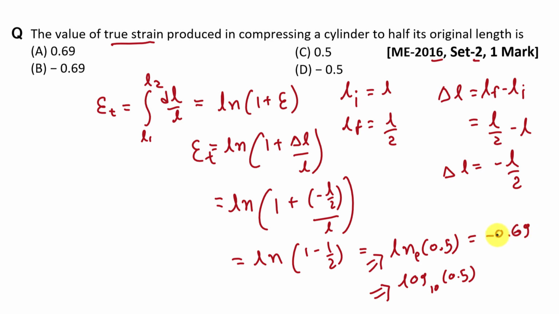So here our answer is option B, minus 0.69. And also understand one thing: if the question gives the magnitude of true strain, then we have to write 0.69 as positive. Fine. So this is a very simple question and it is for 1 mark.